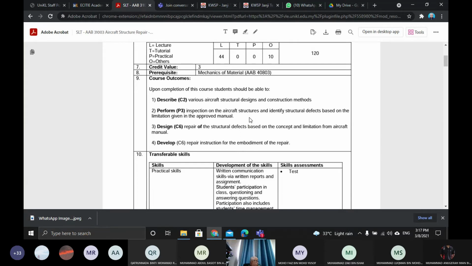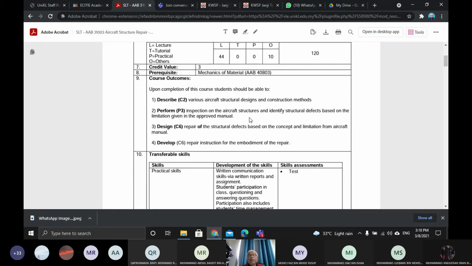If you don't refer to the book, you are non-compliant to the requirement. However, the book gives you only a certain area to work on and certain repair concepts. So you need to explore to apply the concept repair and also to improvise for us to be able to develop a proper repair design for the defect, for the damage.